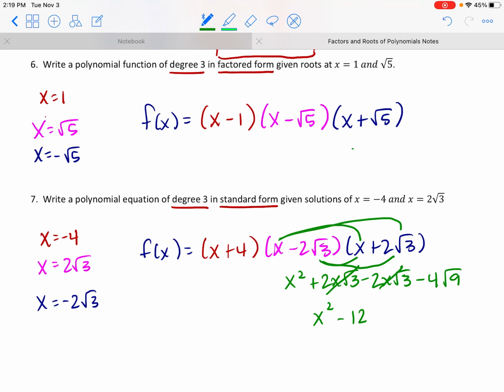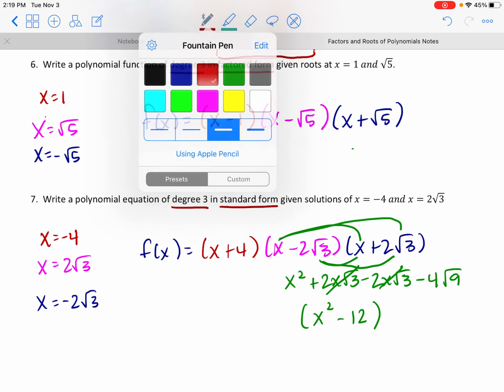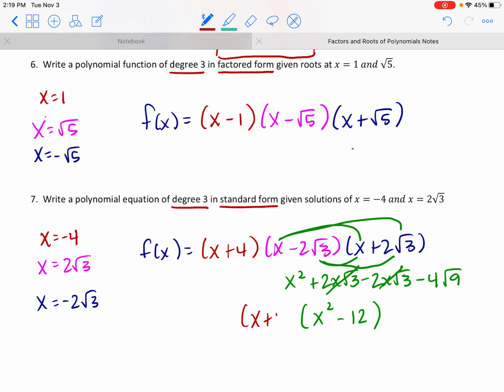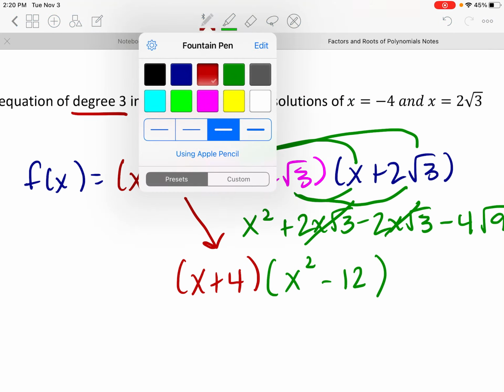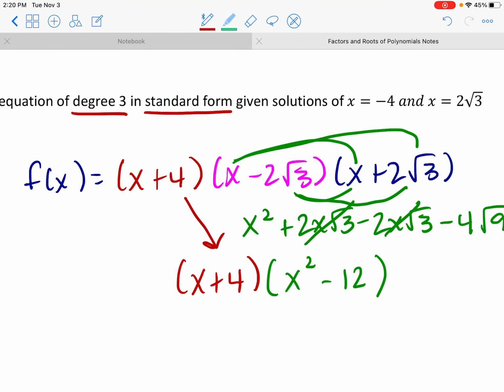Okay, so these conjugates become x squared minus 12, but I still have to multiply that by x plus 4. So I have to make sure not to lose that piece. So now it's one more round of multiplying. Alright, let's try this color.